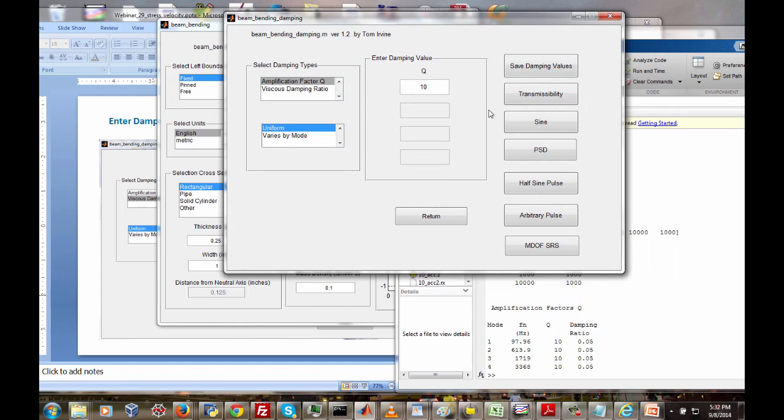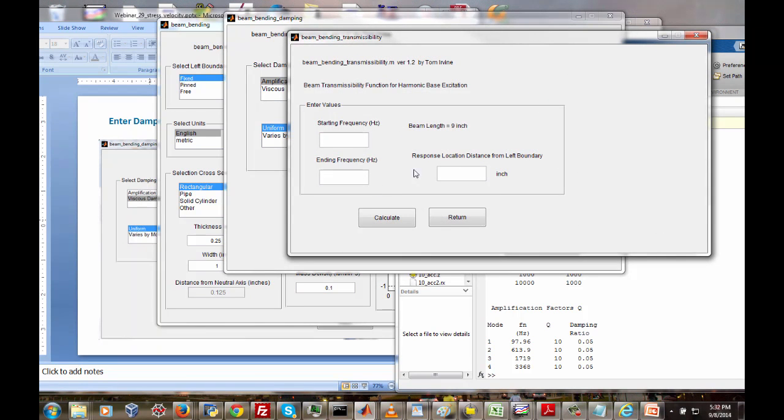Just as an aside here, let's take a look at our transmissibility. And we click on transmissibility. So let's go from 10 hertz to 1,000 hertz. And we're going to take our response location to be the free end of this beam. So at the free end, it's 9 inches.